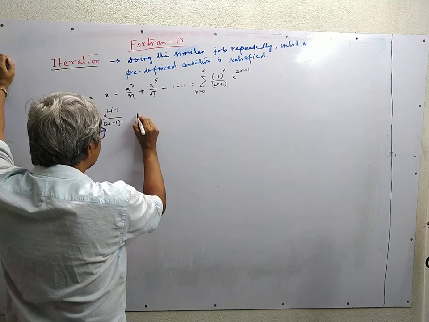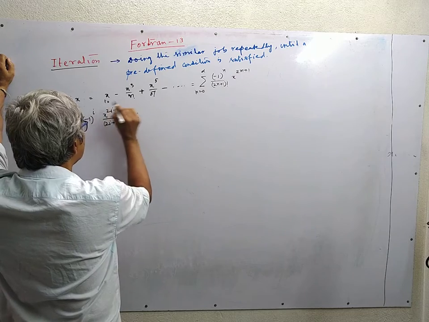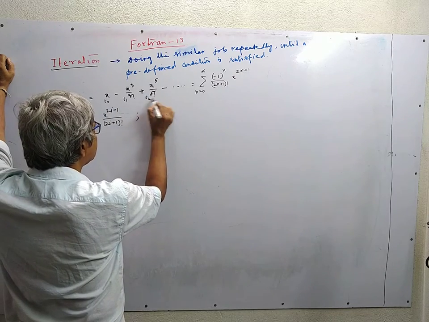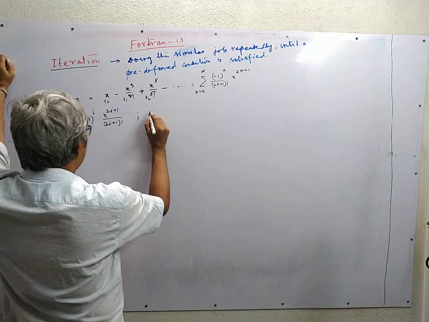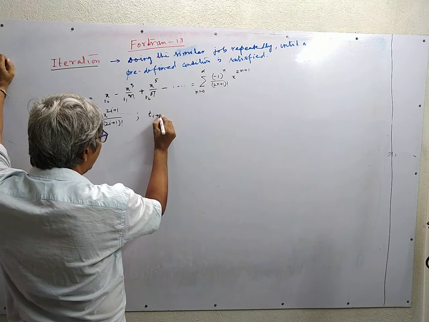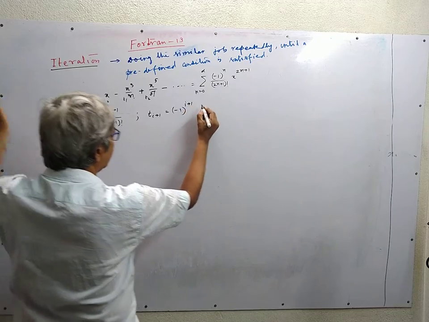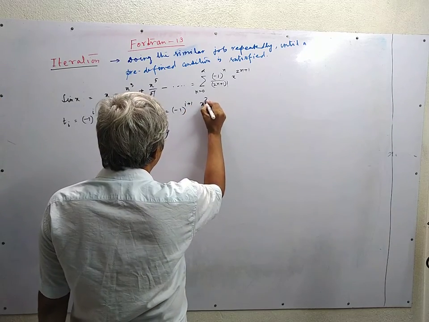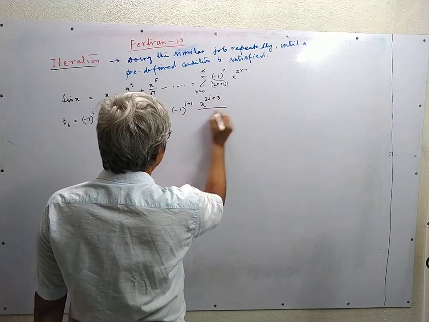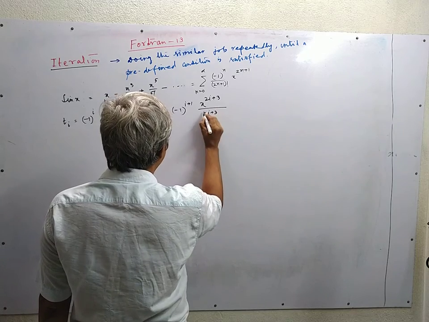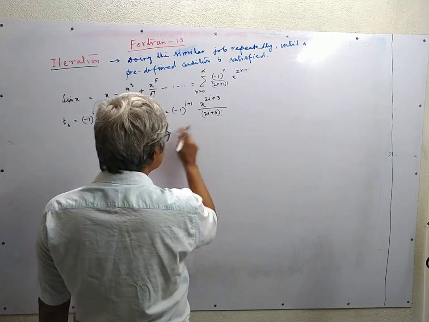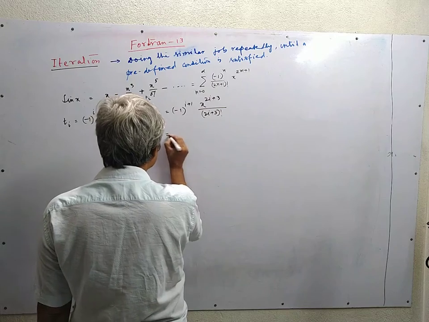This is t0, this is t1, this is t2 and so on, and t(i+1) is equal to minus 1 to the power i plus 1 x to the power 2i plus 3 divided by (2i plus 3) factorial.